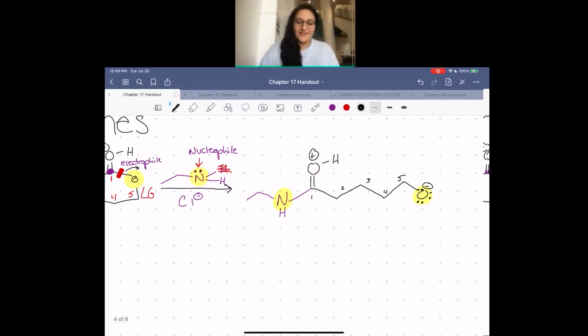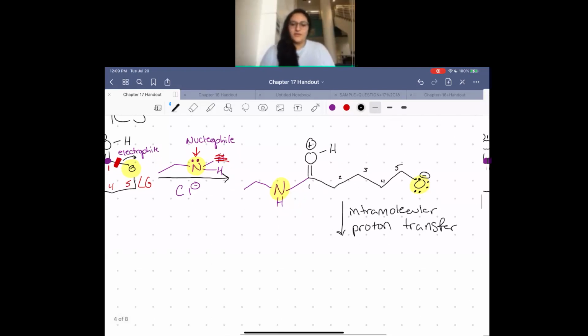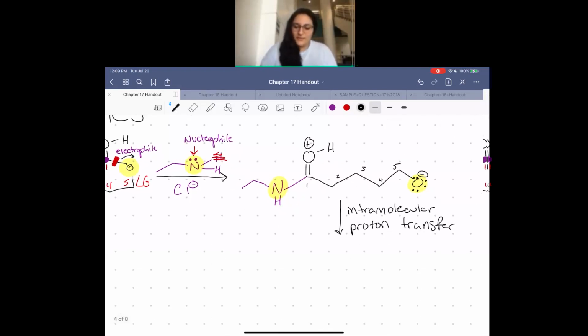So we're going to call this an intramolecular proton transfer.